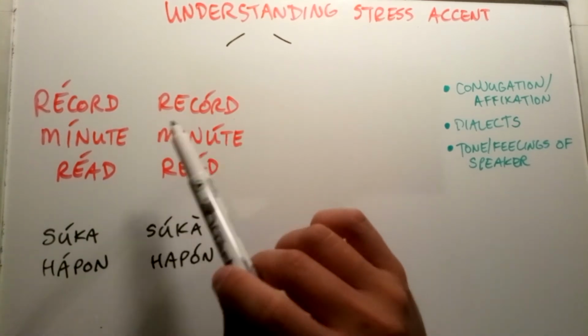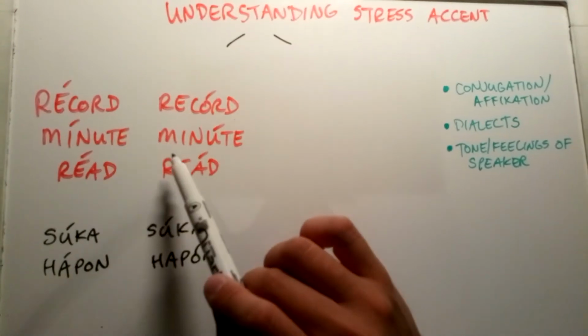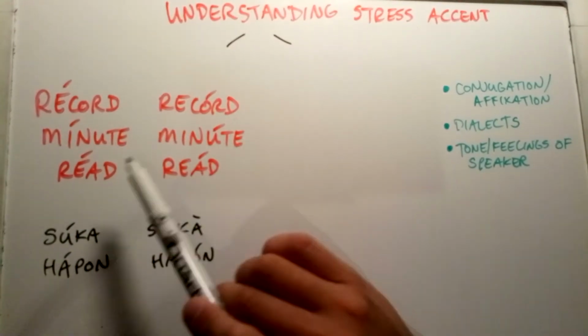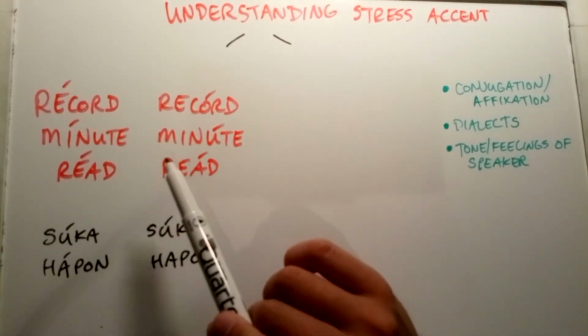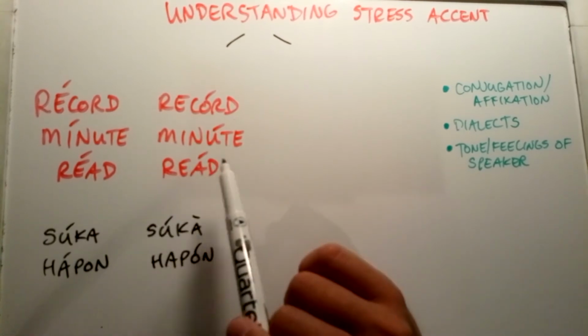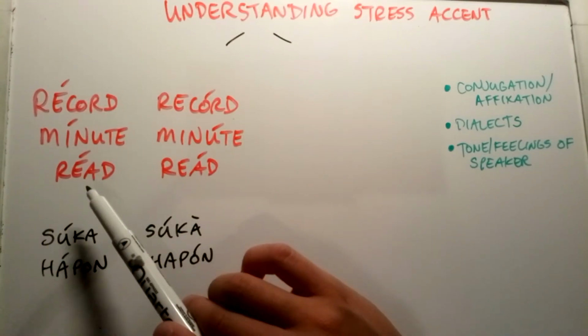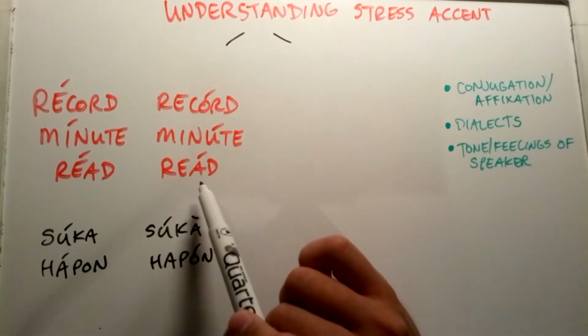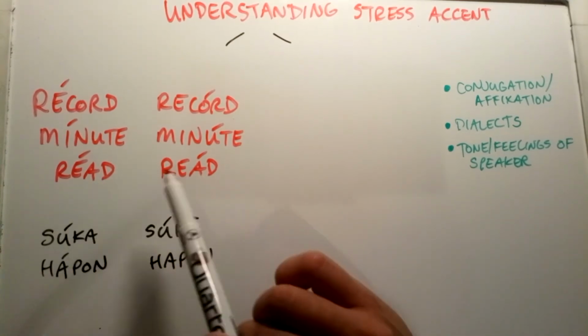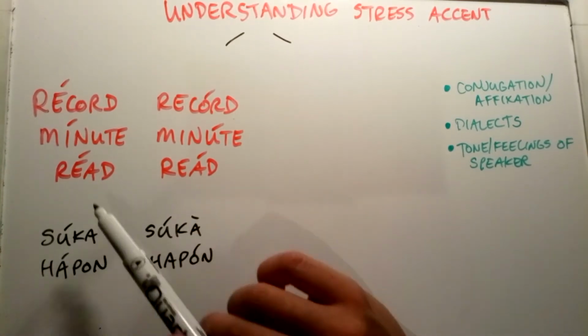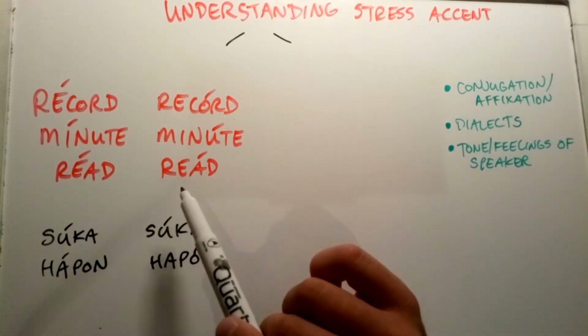So do you see what I mean? Those are ways that you can see the changes of the stress accent. And finally, we have read and read. Read the book, she read the book.